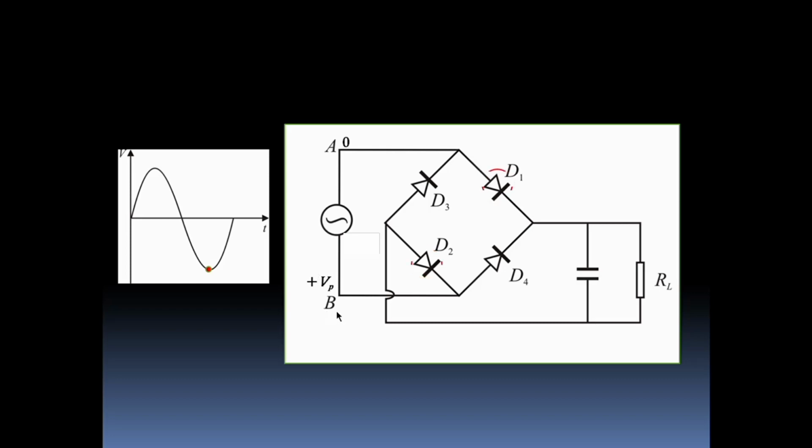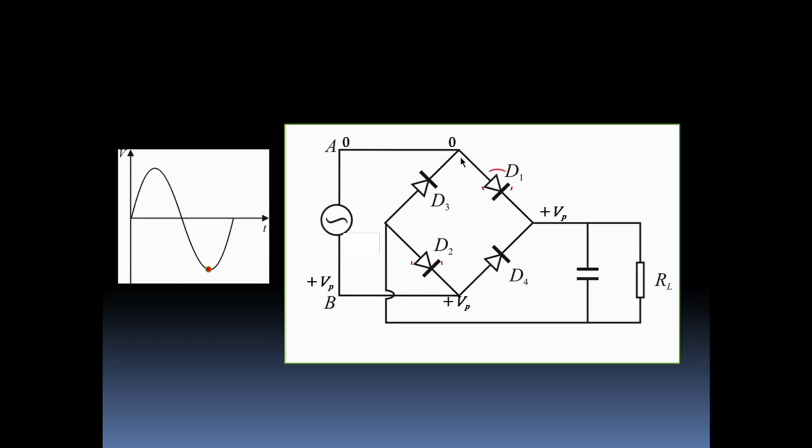If B's potential is plus VP, the potential at this point also will be plus VP. Now if we assume that the barrier potential is negligibly small, there is no barrier potential across this diode, then the potential at this point is also plus VP. Now A's potential is 0, then the potential at this point is also 0.